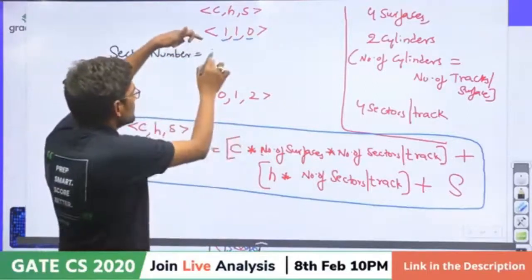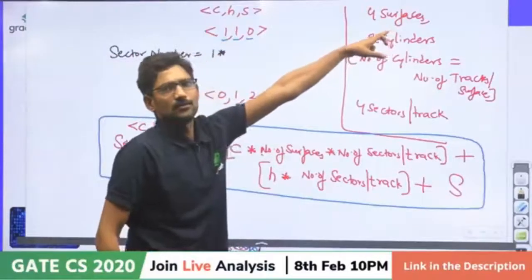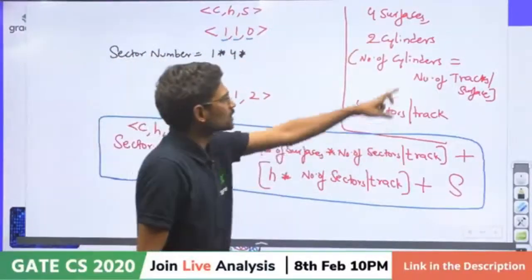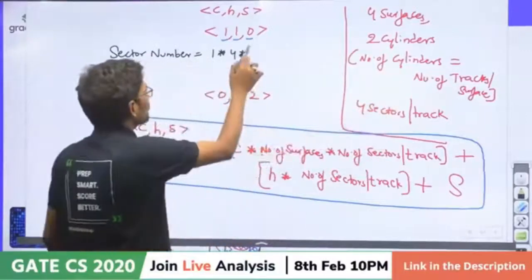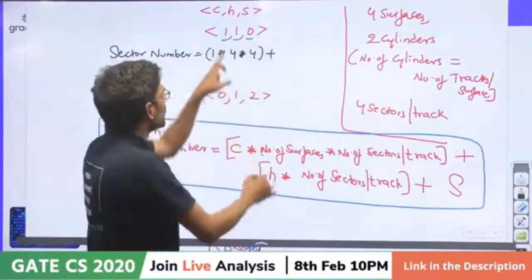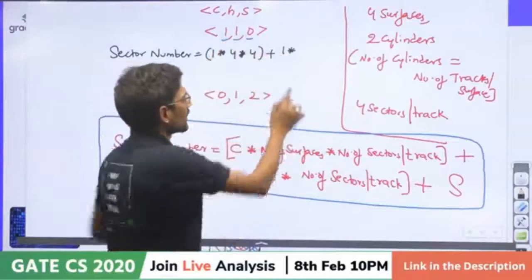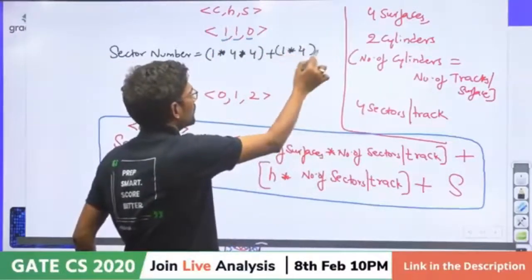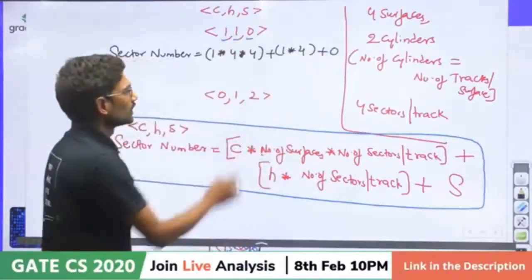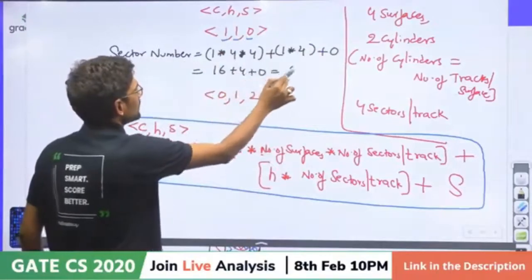So it is C into number of surfaces 4 multiplied by number of sectors per track 4 plus H into, what is H? 1 into number of sectors per track 4 plus S, which is 0. So this is 16 plus 4 plus 0, this is 20.